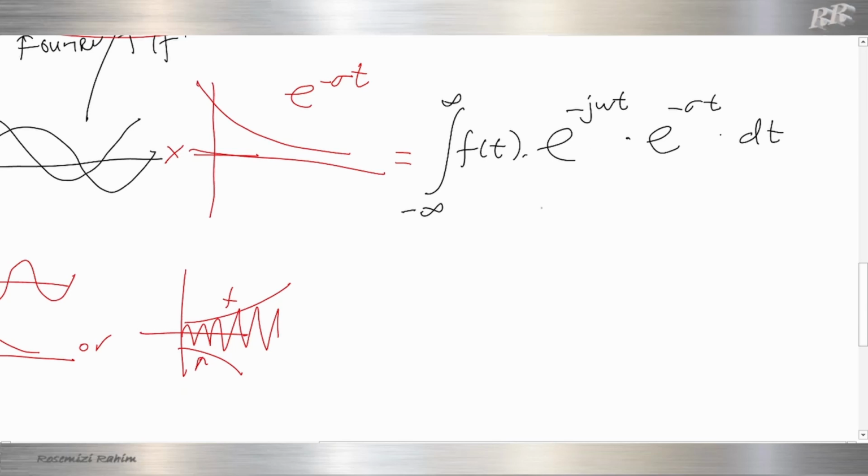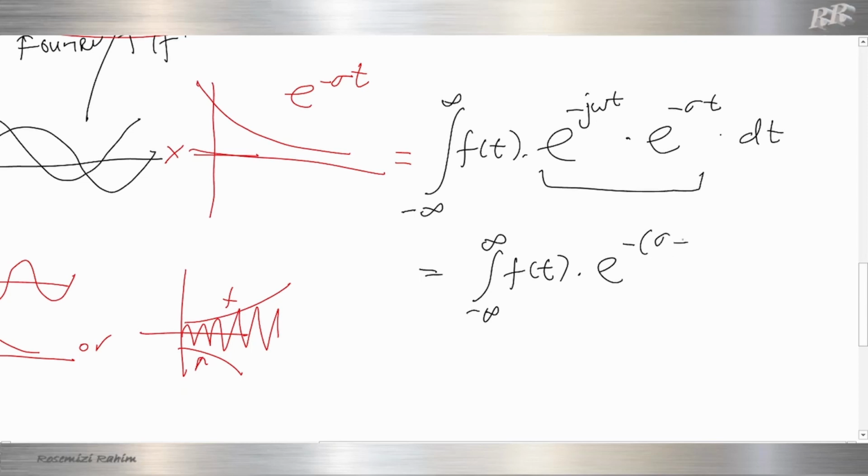Now we can combine these, and this part we can write as s, where s is equal to sigma plus j omega.